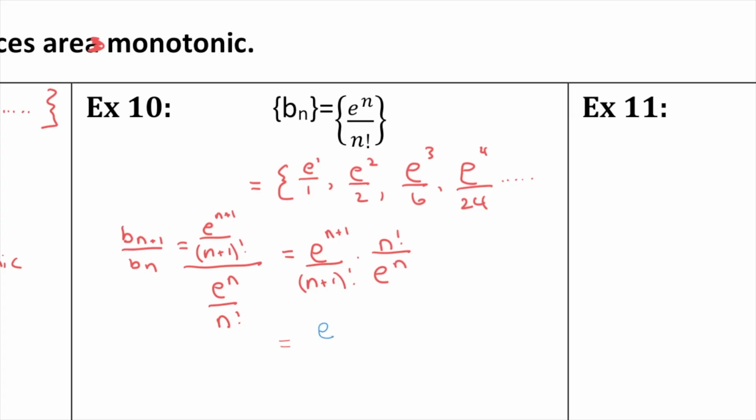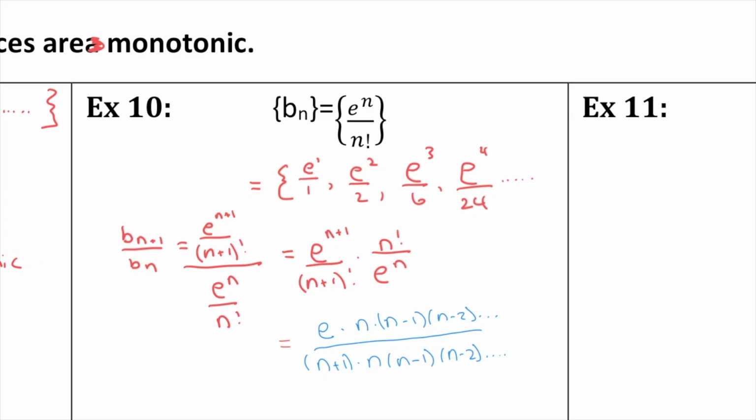Think about n factorial for a minute. n factorial means n times (n minus 1) times (n minus 2), and it continues, whereas (n plus 1) factorial is (n plus 1) times n times (n minus 1) times (n minus 2), and that also continues.